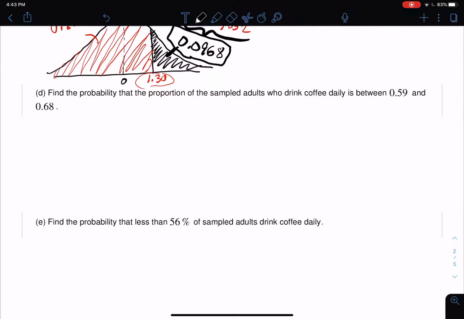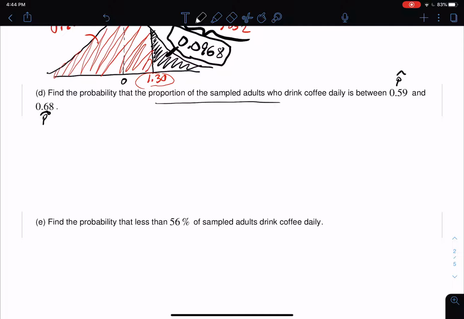Find the probability that the proportion of sampled adults, so we're still talking about p hats, who drink coffee daily, is between this p hat, that sample proportion of 0.59, and this sample proportion of 0.68.